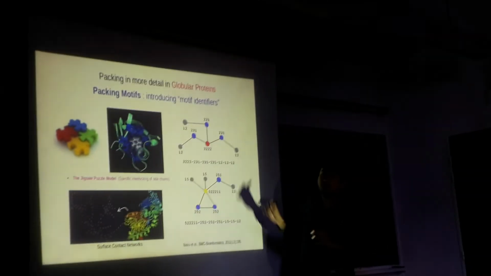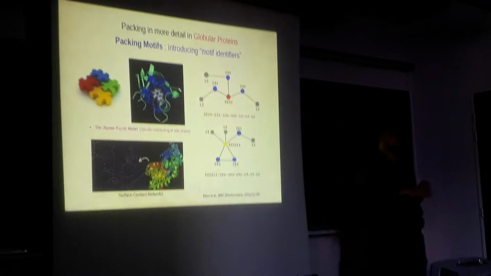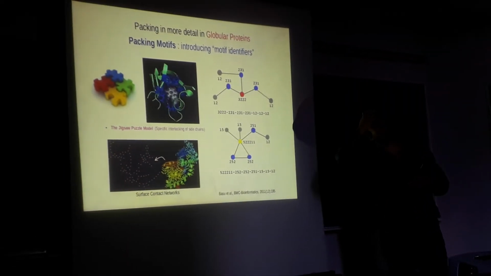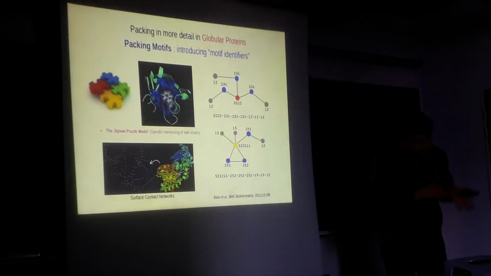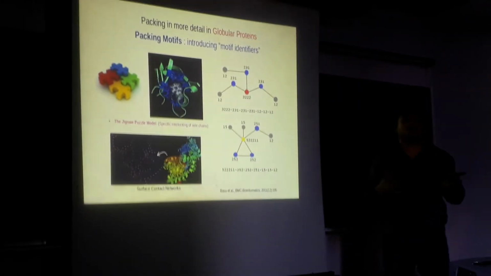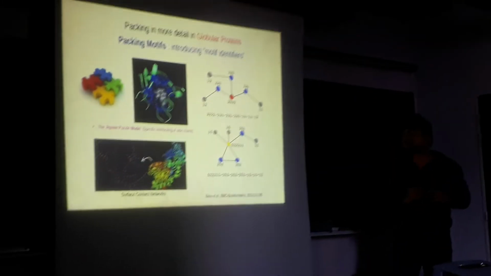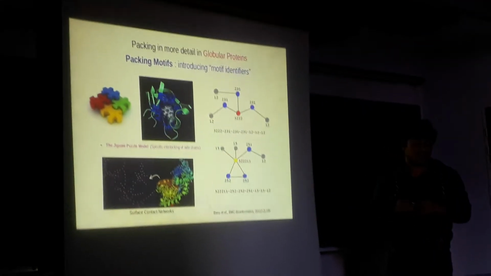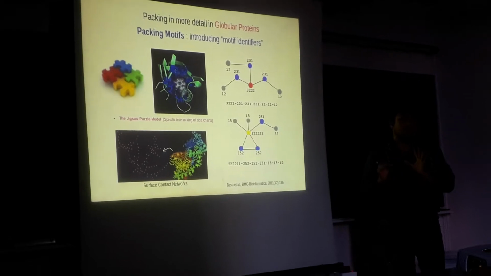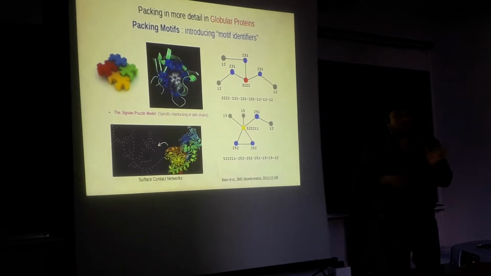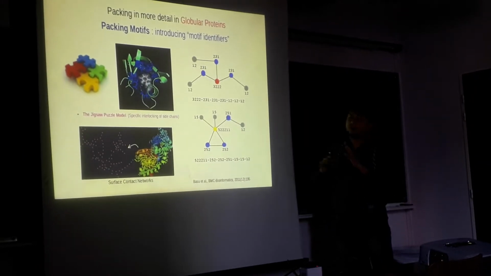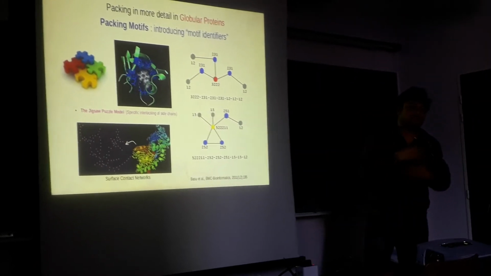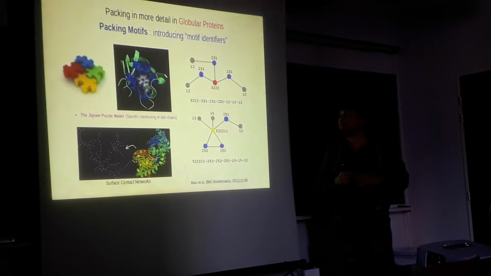For that we wanted to find out whether the three-dimensional jigsaw puzzle model was actually applicable in context of globular protein interior. So that means whether a specific geometry has a constraint on a certain type of repetitive patterns in packing topologies within protein.